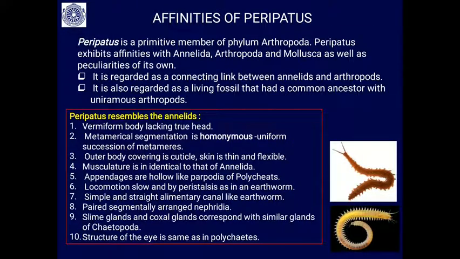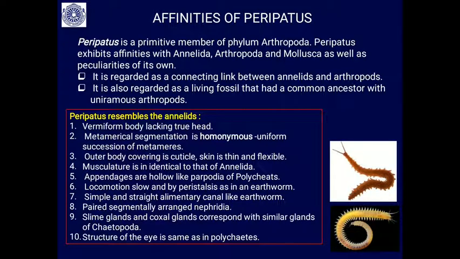So these affinities are very important. Peripatus is a connecting link between Annelida and arthropoda. It has got many features of Annelida and more towards arthropoda.